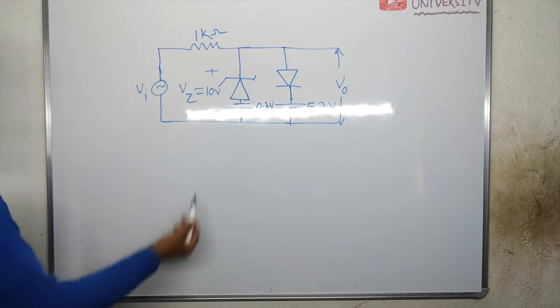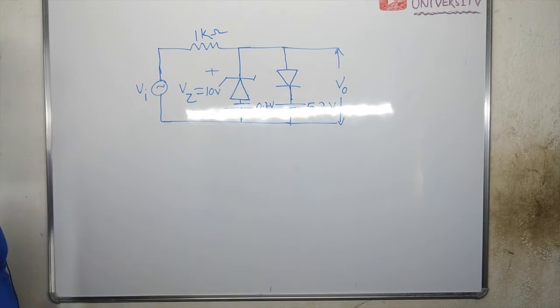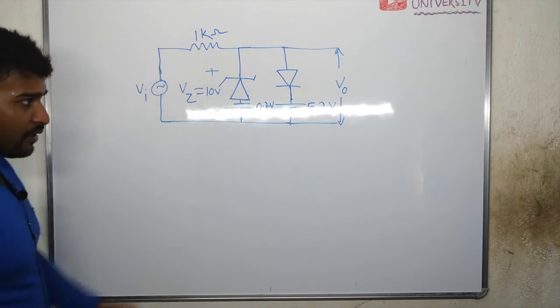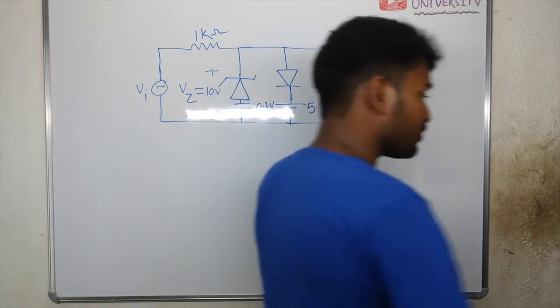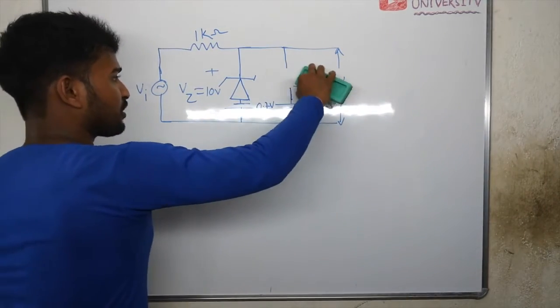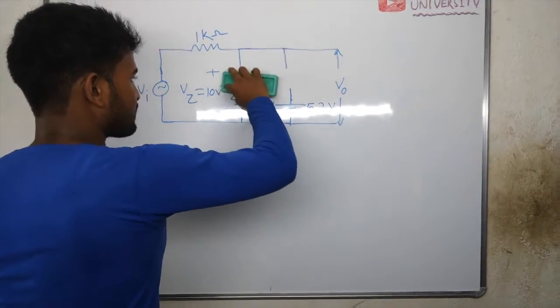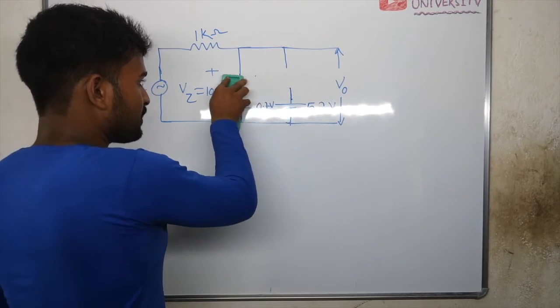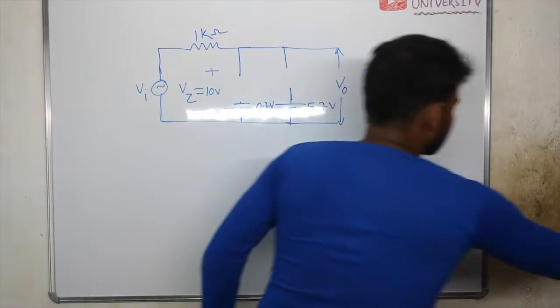If the input voltage is negative, then this Zener diode will be forward biased and it will be replaced with a short circuit. And what about this normal diode? This normal diode will be reverse biased, so it will be replaced with an open circuit.